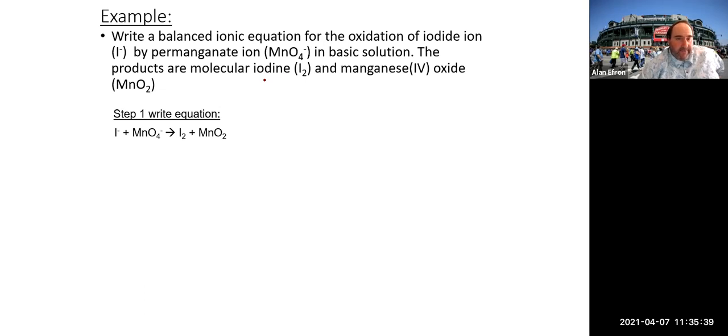What helps us determine what's happening in terms of oxidation and reduction is the oxidation state. We talked last time about how to properly assign oxidation numbers. Usually if there's oxygen involved, you want to start with that, and it's usually -2.